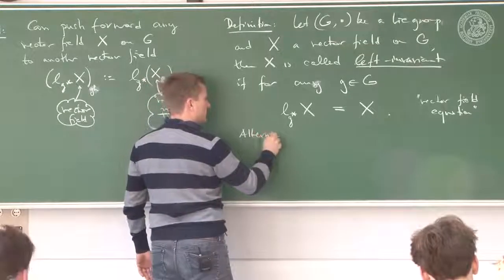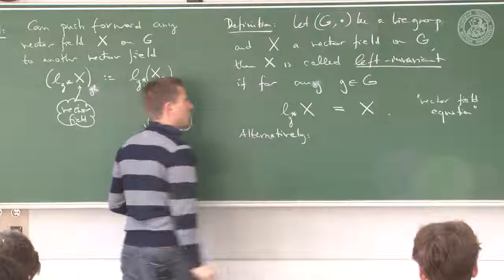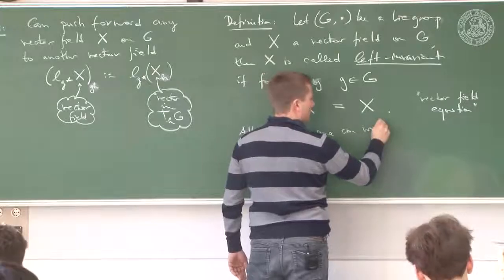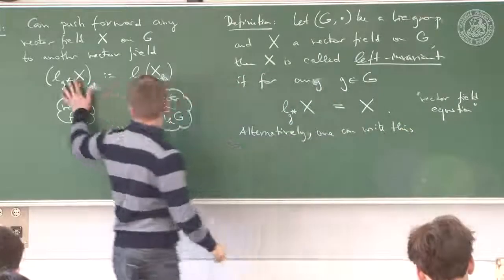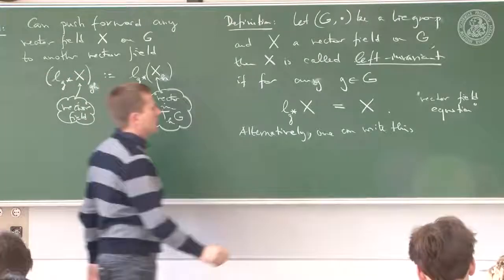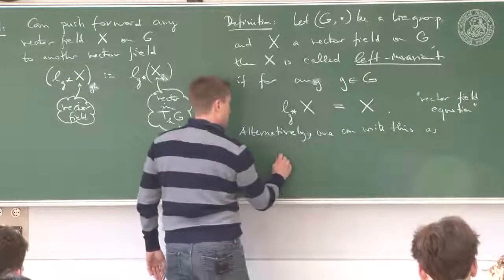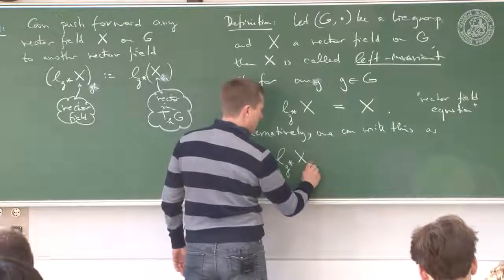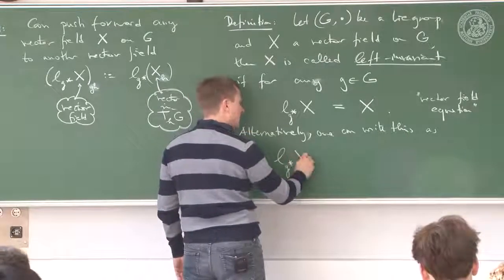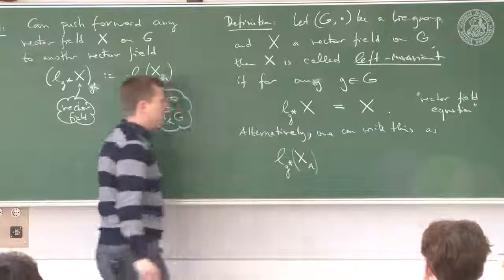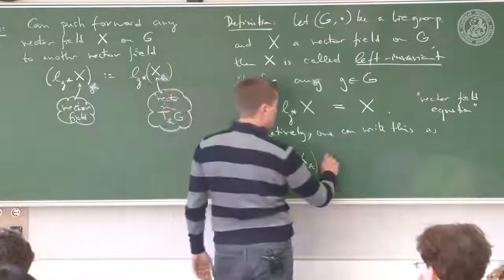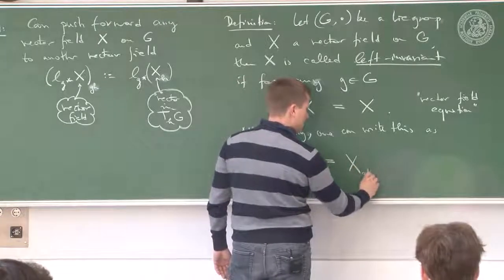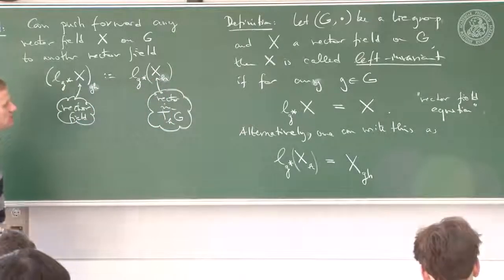Alternatively, and it's useful to write down two alternatives. Alternatively, one can write this using the definition of what the push forward means. Well, it means you take the vector at the point h and you push it forward, and the result is of course a vector at the point gh, and indeed you had a vector field, so you can also evaluate it at the point gh.